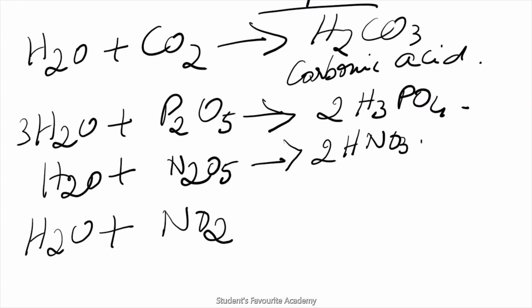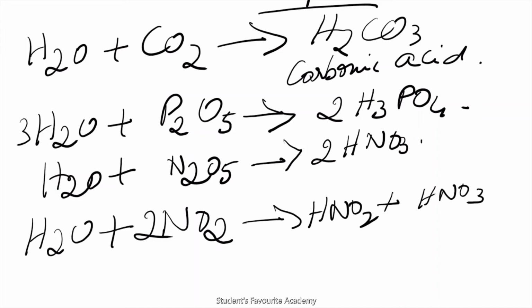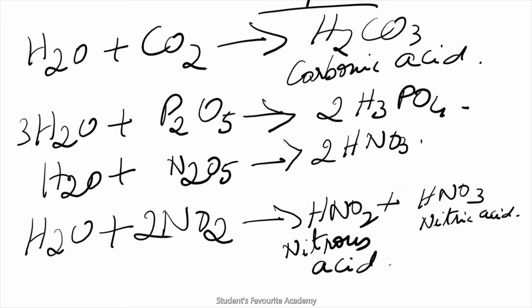Okay, so you get two acids. Now when water and nitrogen dioxide react, you get HNO2 plus HNO3. HNO3 is nitric acid and HNO2 is nitrous acid. Nitrous acid. So this is a very important reaction.